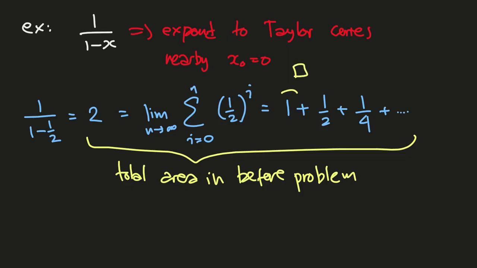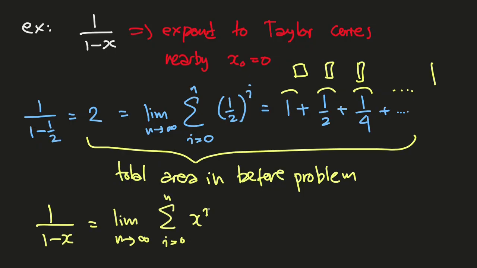The first one is the square with area 1, the next one is half the area, and the next one is a quarter, and so on until n goes to infinity, as before, with this string of rectangles, whose summation of all areas equals 2 by this expansion. And that's why this expansion leads us to the geometric series.